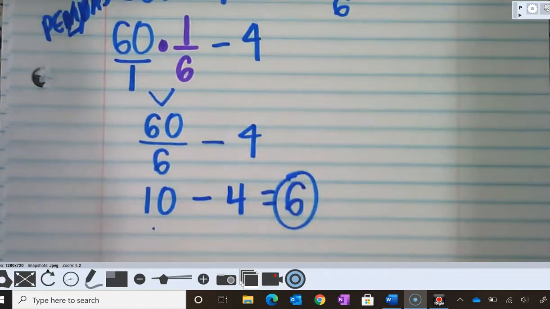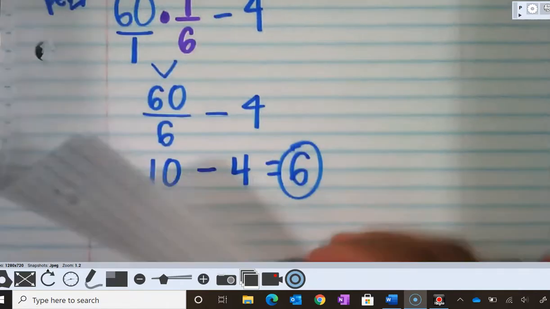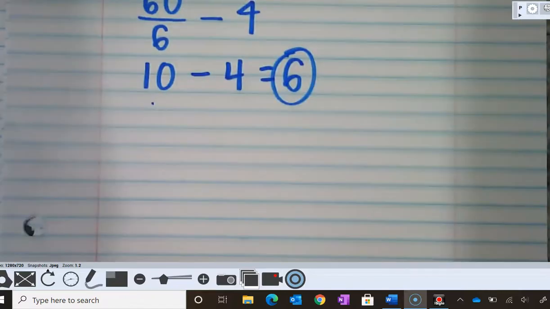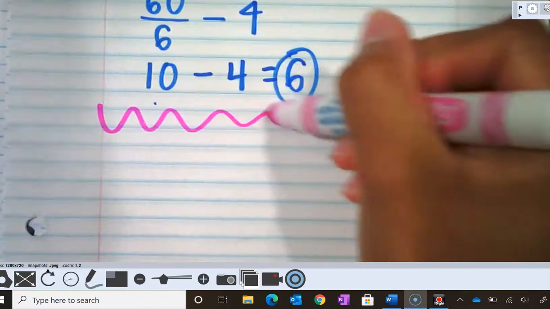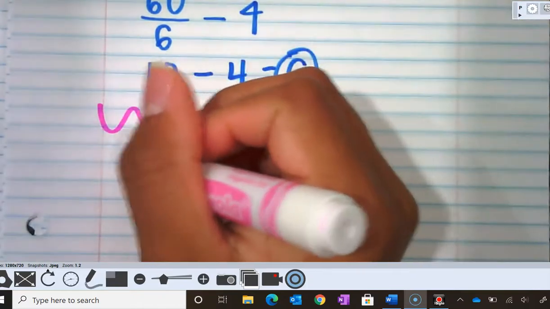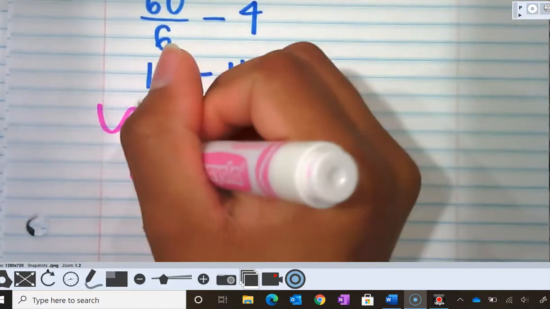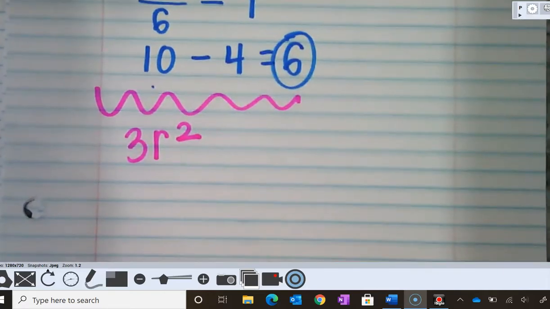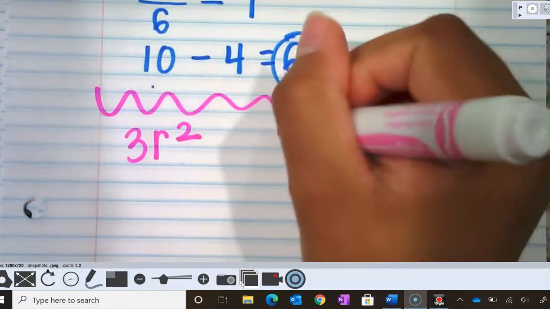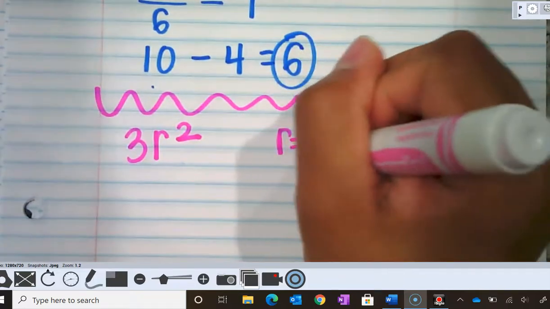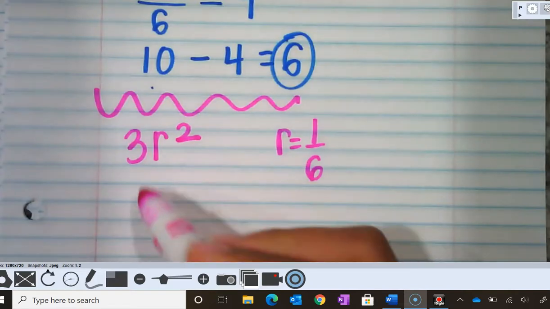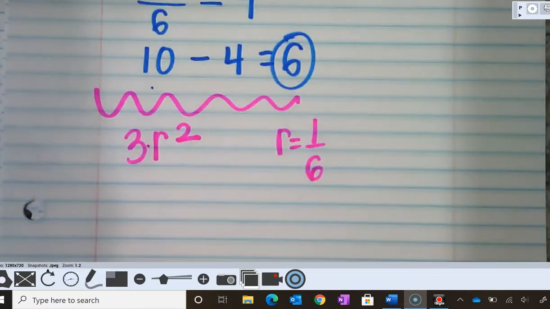Last problem. Let's throw some exponents in there. So now let's imagine my problem is 3r squared. And we know r is still equal to 1/6. All right, so we have some multiplication here with 3 next to r.